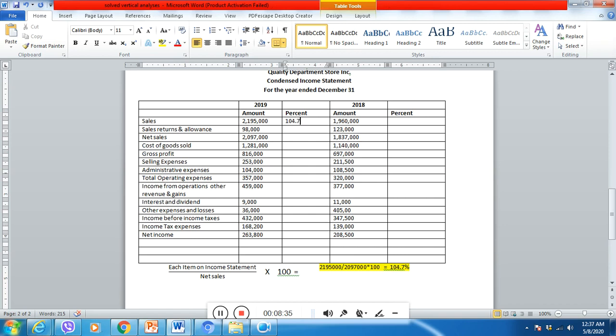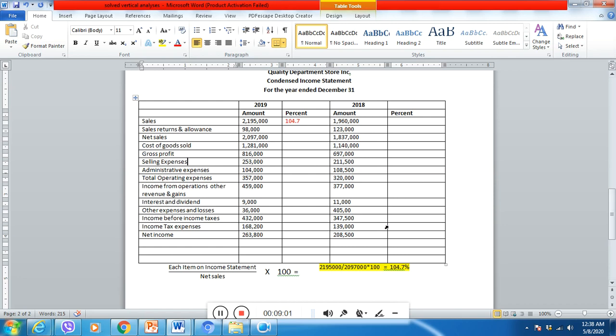We will write here 104.7. Okay guys, this is the same. In this way you have to calculate each item. Each item is divided by the base amount, that is net sales: sales returns and allowances divided by net sales, cost of goods sold divided by net sales, selling expenses divided by net sales.